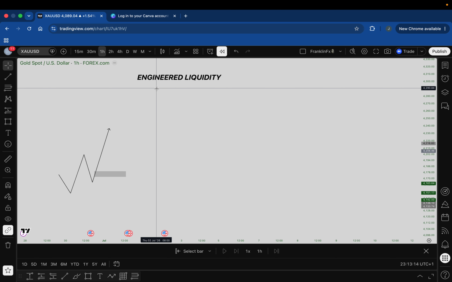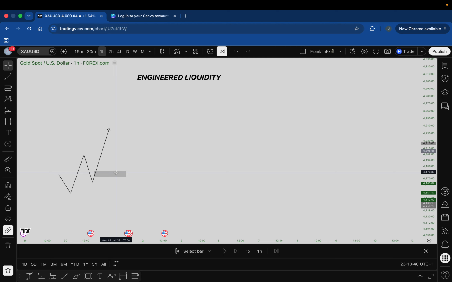Now, what you have to understand is that if the market comes all the way down to this particular point without taking adequate liquidity, it will not be able to go back up. Are you with me? The only thing that gives the market enough momentum to go back up while falling is liquidity.